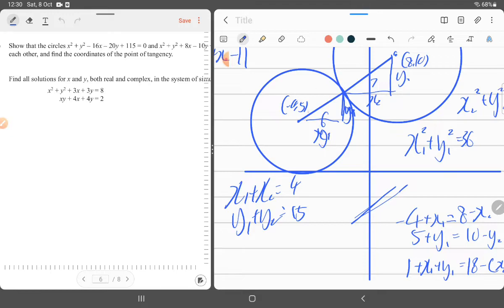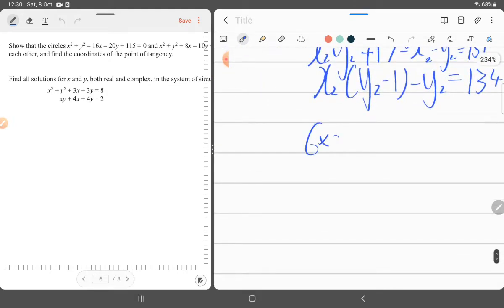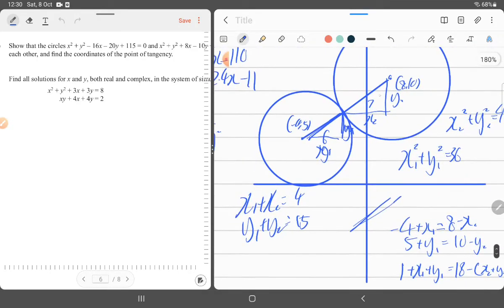Wait, so we can just talk about the ratio, and so this radius is 6, and it goes to the center, which is 8. So 6 times 8. Oh, this is for the x-axis, by the way. Plus this distance is 7, and this is -4.